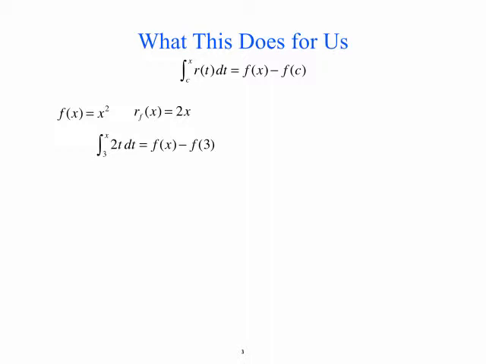Now, this probably seems way uncool at the moment because I handed you the accumulation function, and then we found the rate of change, and then just said, oh, look, there's this relationship between them. But remember, if I give you the accumulation, you can find the rate of change. But we haven't totally addressed the reverse situation in an easy way.